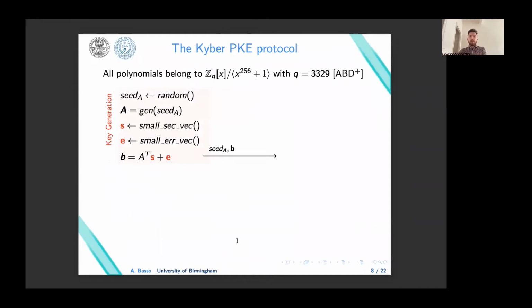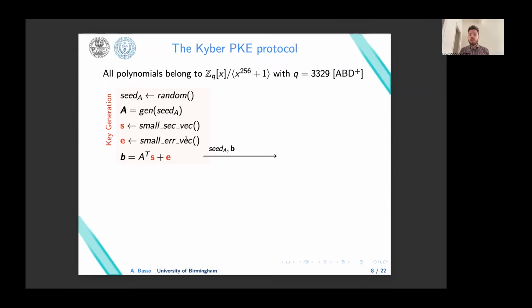So now that we discussed this, we can see how the Kyber public key encryption protocol actually works. First of all, all polynomials that are used in Kyber belong to this ring that you see here, the ring of polynomials with coefficients modulo Q = 3329, and the polynomials are also modded by this polynomial that you see here.